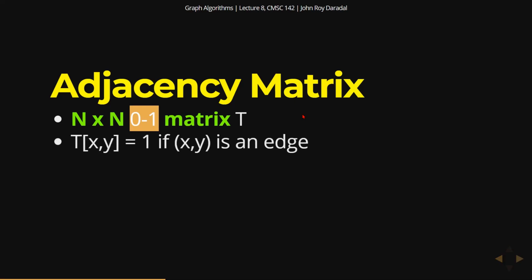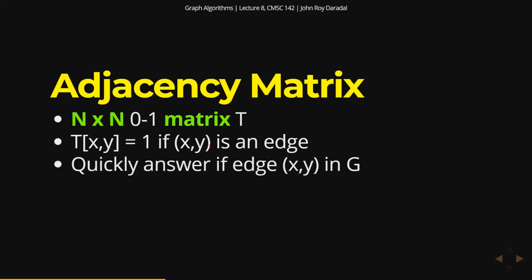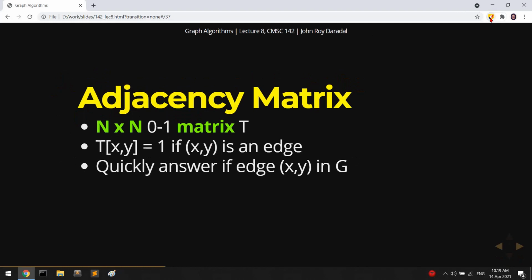You put 1 in the coordinate xy if xy is an edge in the graph. Otherwise, you put 0. So basically this just answers whether there is an edge in that vertex pair.